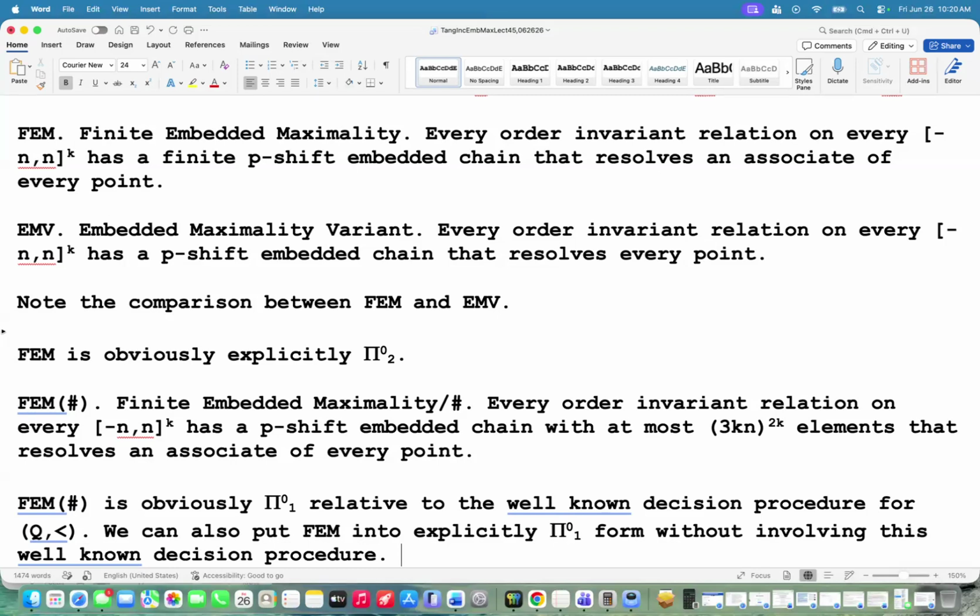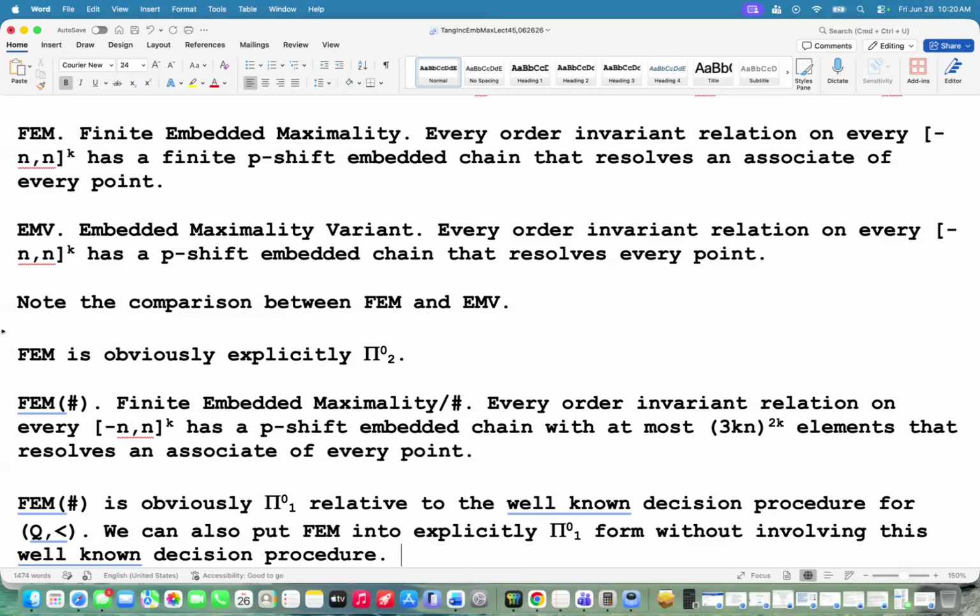Now, FEM sharp is explicitly pi 0 2, but if you use the decision procedure for the rationals with order, you can see it's pi 0 1.